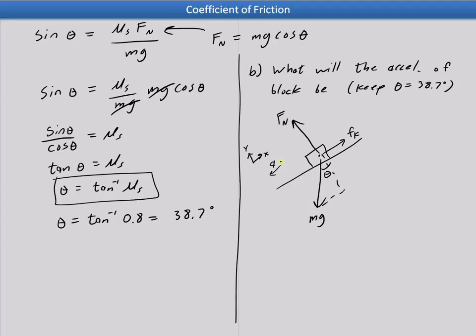So let's write down the x equation, and that'll solve for acceleration. So the x equation says that in the positive direction, we have the kinetic friction force, and in the negative direction, we have mg times sine theta. That's this component of gravity. And altogether, that's the net force in the x direction, which isn't 0 this time, but is instead equal to ma.